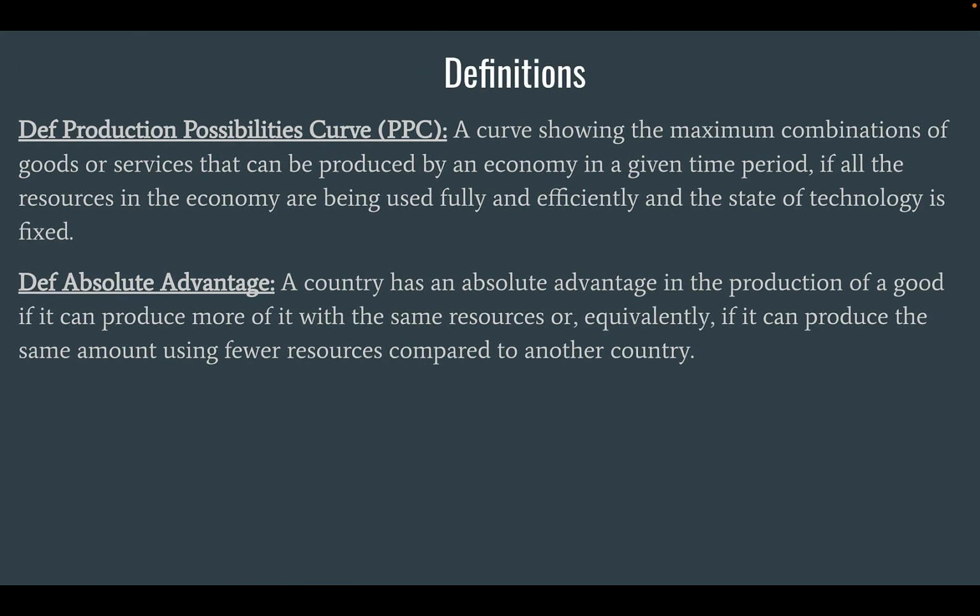Now, finally, production possibilities curve. All we're saying is that it shows the limits of production, and without trade, the limits of production define the limits of consumption.